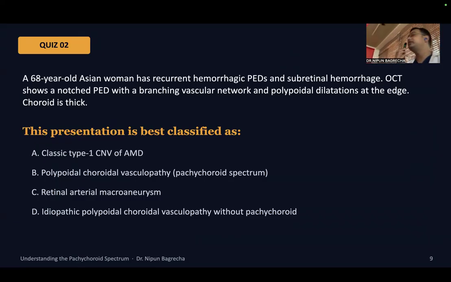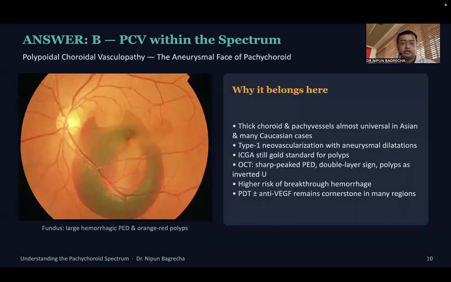So Dr. Himanshi is going for B, anyone else going for any other option? Dr. Priya, Dr. Sudhanshu, do you agree with Dr. Himanshi? B, okay. You are right. So it is a polypoidal choroidal vasculopathy. Always remember, in the OPD also, on the OCT we have a thumb-shaped PED. If there is such a picture with subretinal hemorrhage, most likely it is a polyp, which has a tendency to bleed.